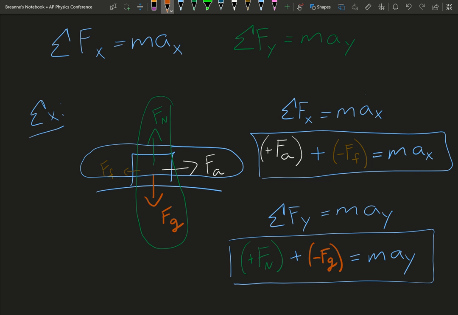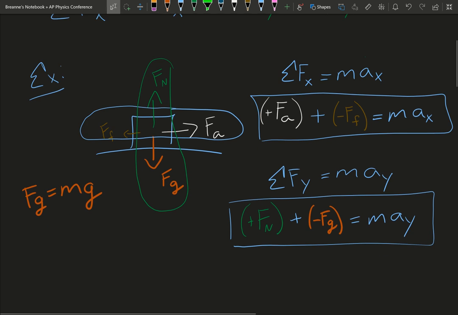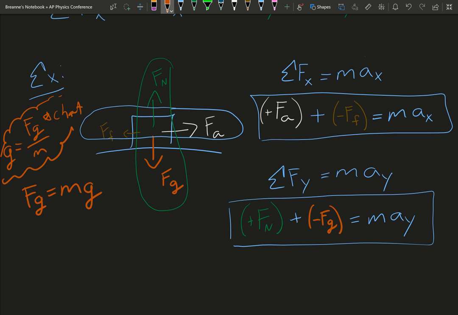Now don't forget, you can take it a step further with your force of gravity. Force of gravity has its own special little equation, which is your force of gravity equals mass times acceleration of gravity. Again, this is on your formula chart, just written with your g. It's written again with acceleration, solve for acceleration, and you can manipulate that equation to solve for mass.